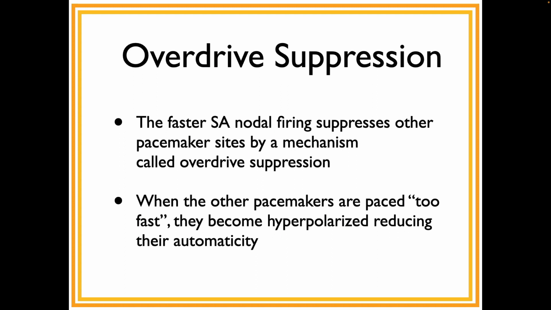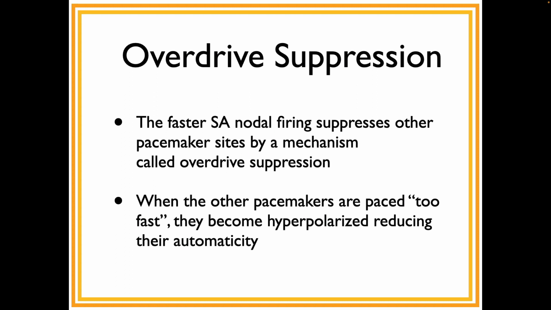But the SA node is faster. The intrinsic rate is faster than the AV node. So if the SA node is working before the AV node has a chance to depolarize on its own and throw out its own impulses, it gets depolarized from above, okay?